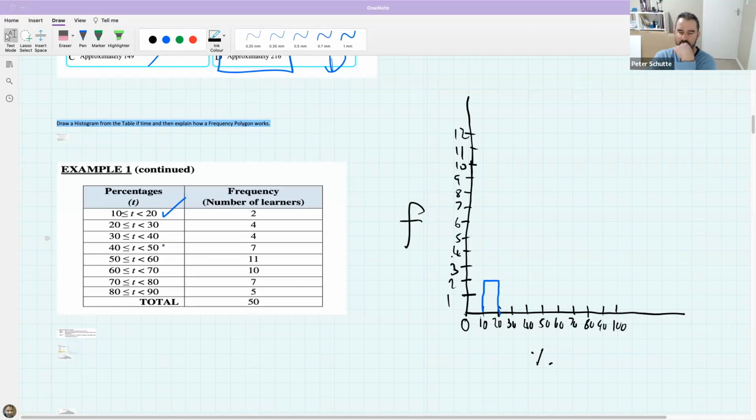Take a moment to draw the histogram and just see that you understand how the frequency table gets transformed into a graph.